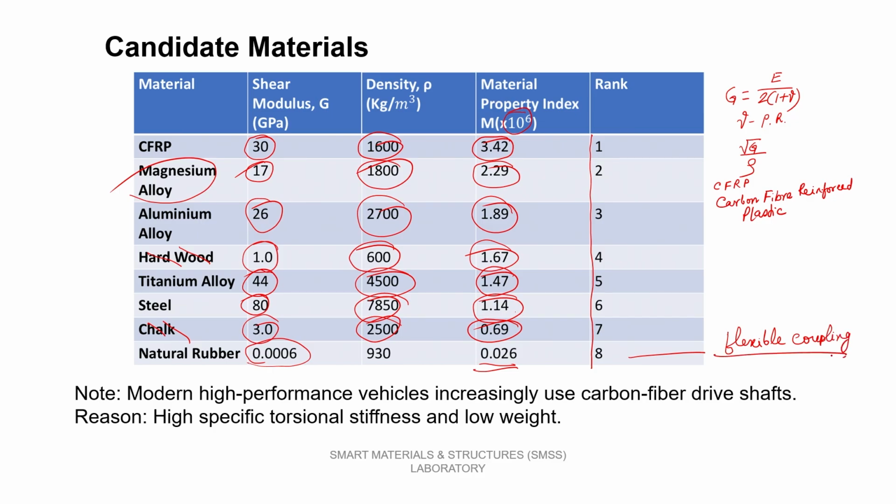That is why there are many different couplers. For example, there is a coupler called a jaw coupler, which invariably has rubber blocks in it. If you are connecting two shafts, I have only shown you one shaft, but suppose you are connecting two shafts together and transferring the motion, then you will need a material which can get twisted.